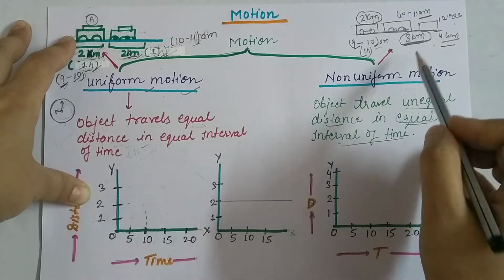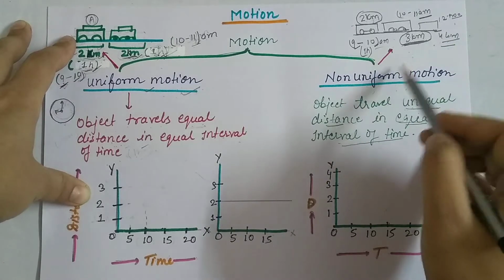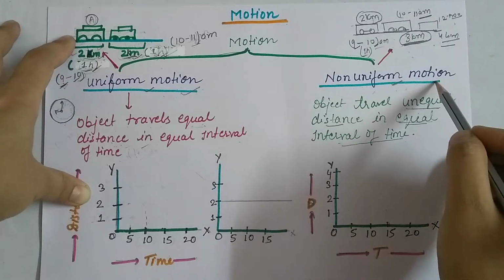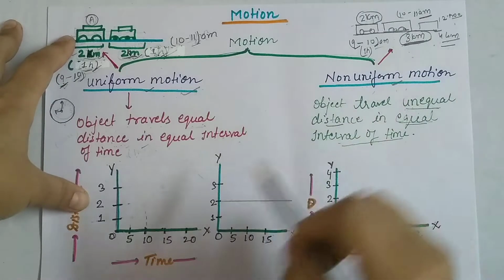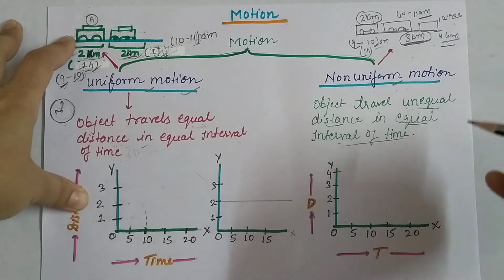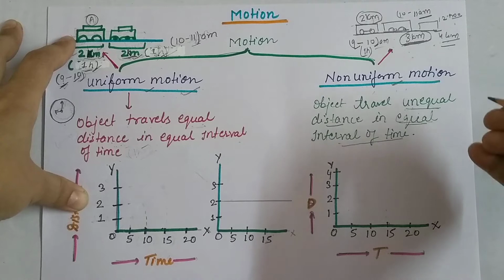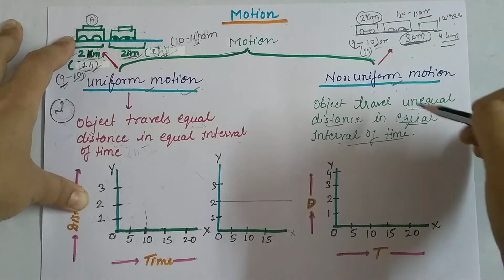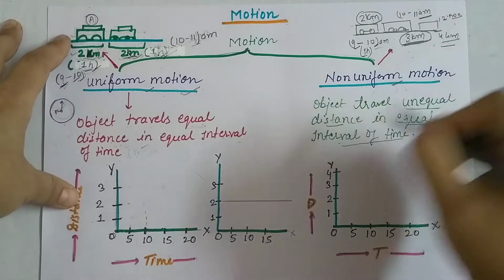So in this way we can say that this bus is in non-uniform motion. Basically, when an athlete runs, sometimes the athlete covers more distance, sometimes less distance. This is known as non-uniform motion.